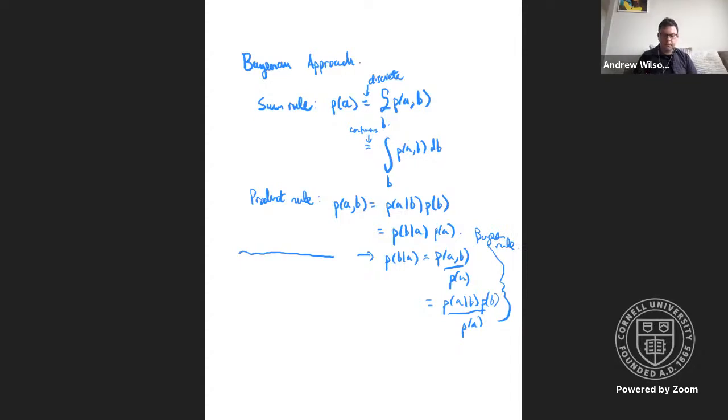Okay, so that's all we need to know to be Bayesian. Being Bayesian is just a simple consequence of following the sum and product rules of probability.